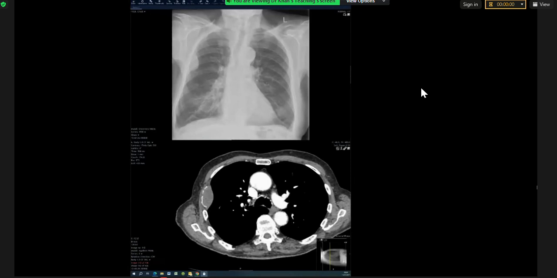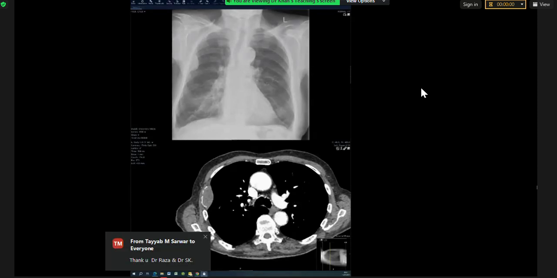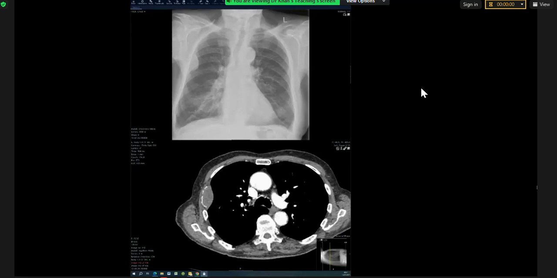And then in that case, if everything has been excluded and there's no other primary found, I would think about a primary bone tumor. For example, in this age group, because I think this is an elderly patient, just looking at the chest X-ray, I would think of myeloma as the second most common differential, a plasmacytoma if it was a solitary lesion, and I think it is because we've just said there's nothing else.